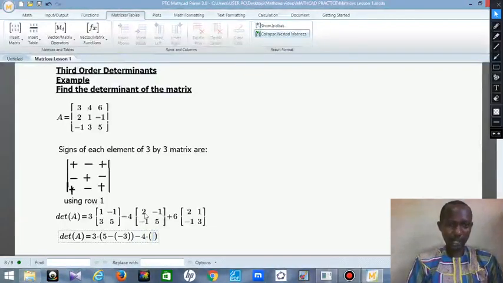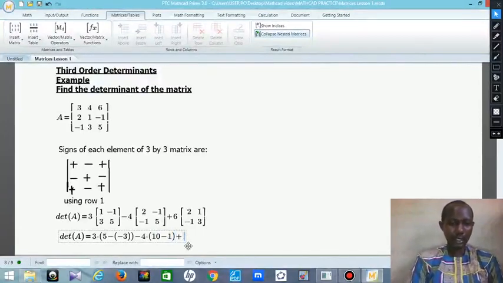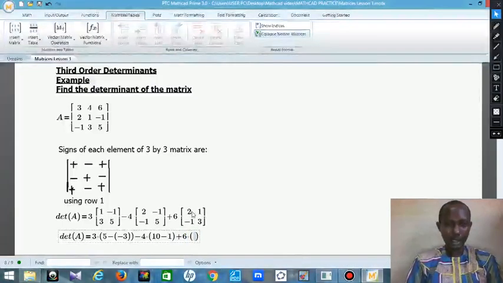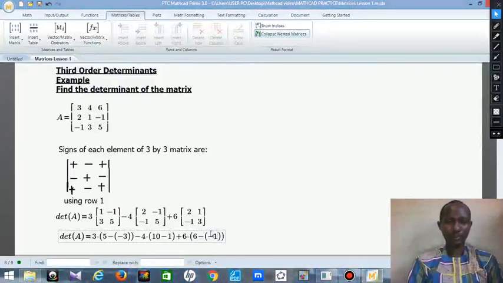We are solving this 2 by 2 determinant now. 2 times 5 is 10. Then minus 1 times minus 1 will give us 1. Then you move on, plus 6, open bracket, 2 times 3. 2 times 3 will give us 6. Minus 1 times minus 1 is minus 1. Put it in bracket, minus 1.